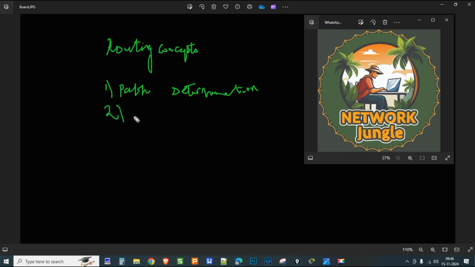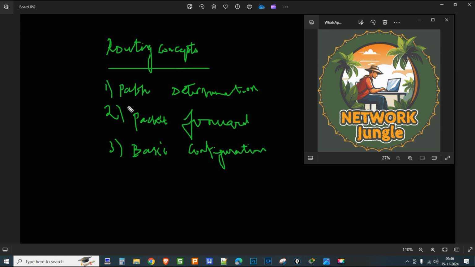Second one, packet forwarding methods. Third one, basic configuration of router to verify the static routes. Today we will see the path determination, packet forwarding and basic configuration one by one.